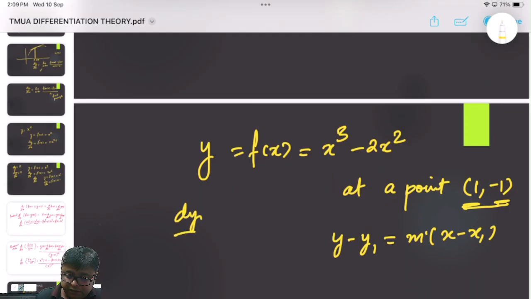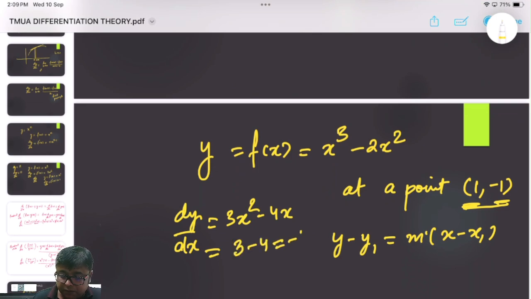So I can differentiate the function, which will give me 3x square minus 4x, and I'll put x equal to 1 here, right? Since I have to find the tangent at this point, x is 1 at this point. So if I put 1, I'm going to get 3 minus 4, which is minus 1. Once I've got this, the equation is very easy. y minus y1 equal to minus 1 into (x minus 1), right?